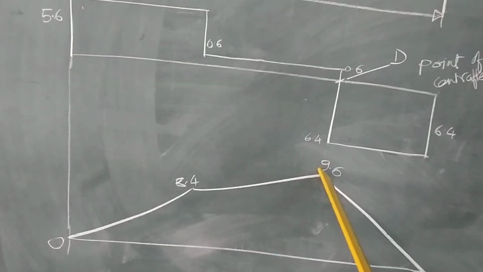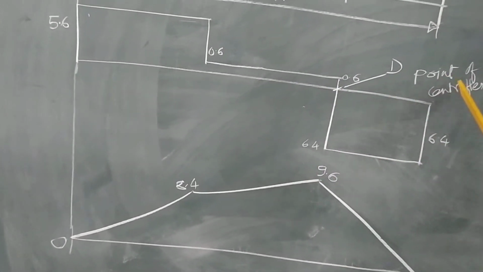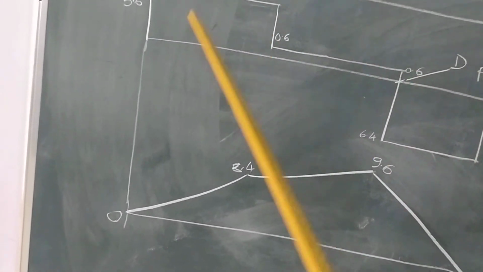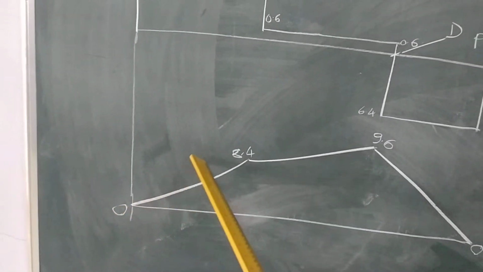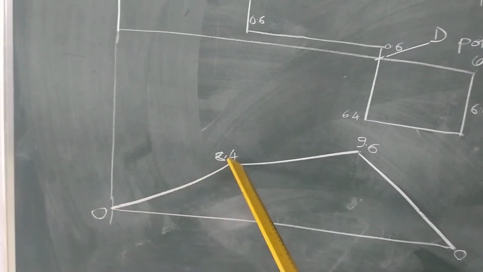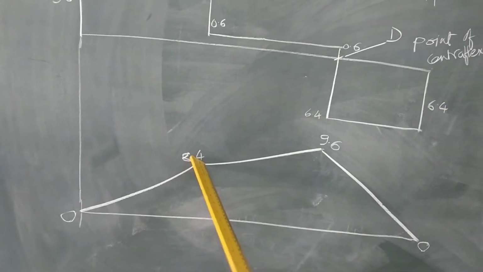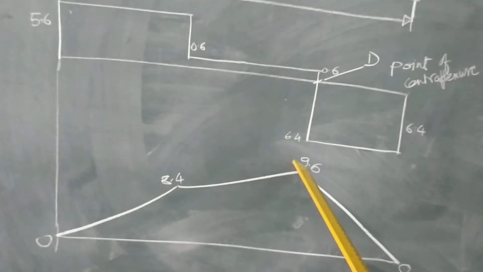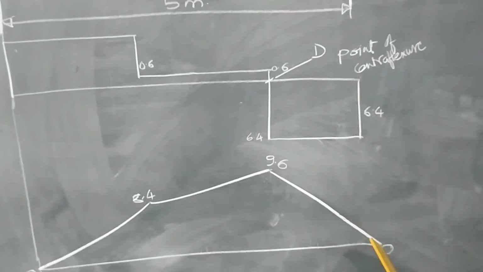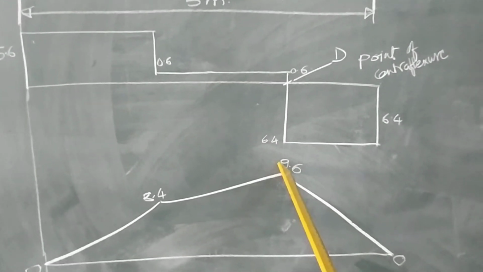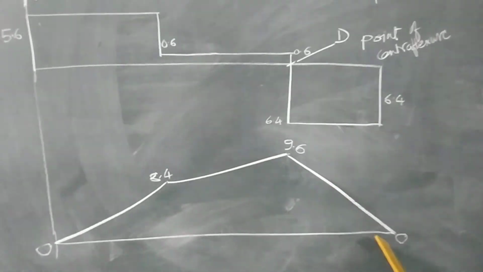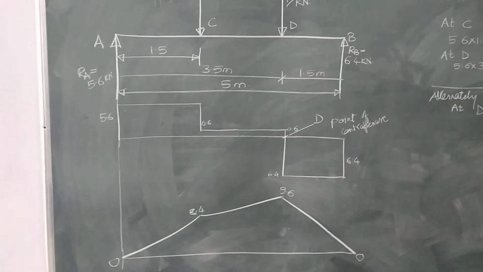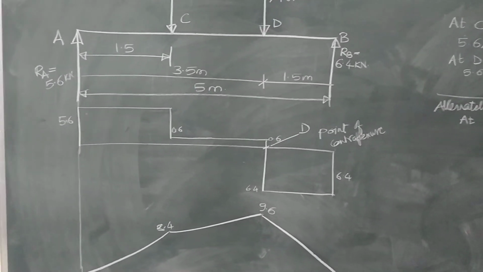See the point of contraflexure, we have got highest bending moment at D. As this is a simply supported beam with point load, it is 0 at support, 8.4 join with inclined straight line, then 8.4 to 9.6, no any force in between, so join with inclined straight line, and from 9.6 to 0, no any force, join with inclined straight line.